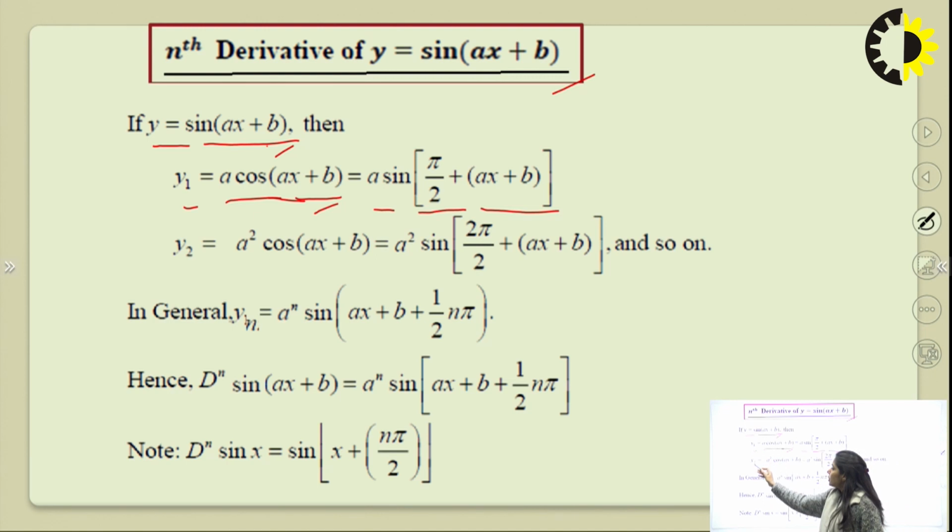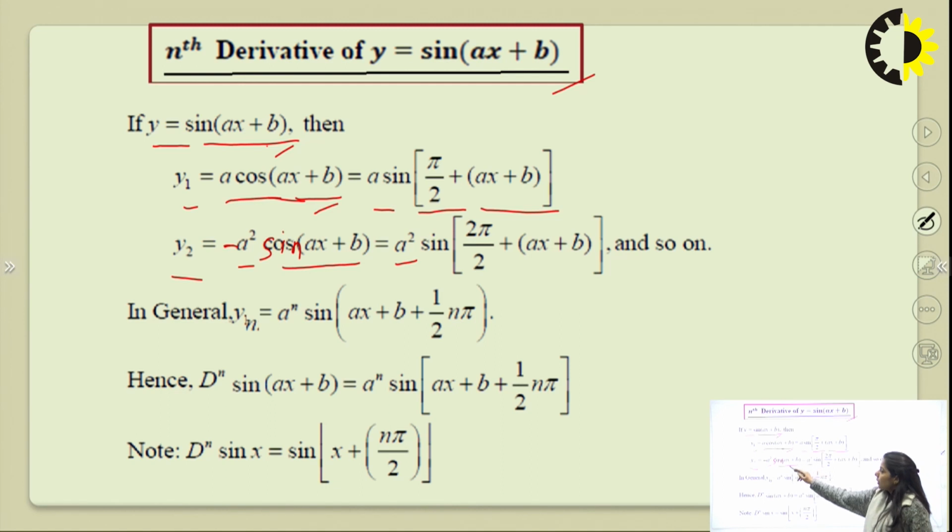Now we will again differentiate y1 with respect to x, then we will get y2 is equal to a square cos ax plus b, differentiation of sine, a square sine ax plus b, and here will be minus sine. So it is equal to a square, and removing the minus sign, we will write this in this form, sine 2 pi by 2 plus ax plus b, and so on.